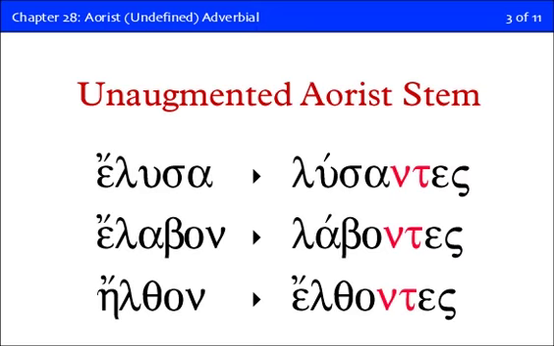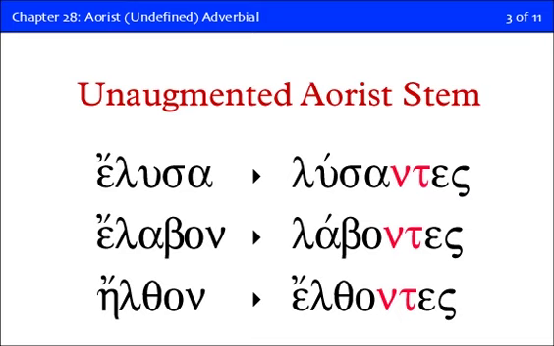This whole process of unaugmenting aorist stems can become a little tricky, and again, the key to it is not only to understand what's going on, but to know your vocabulary very, very well. If you have a first aorist verb like luo, you're used to seeing elusa, for example, first person singular in the aorist. When it goes to the participle lusantes, it's pretty clear that it's lost its augment, hasn't it? You see the sigma alpha tense formative, it's got to be an aorist.